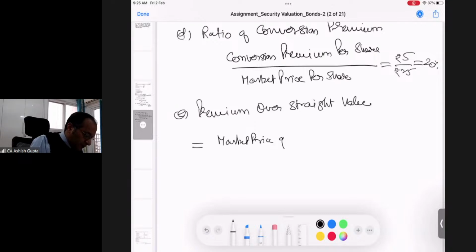Market price of convertible bonds minus straight value.